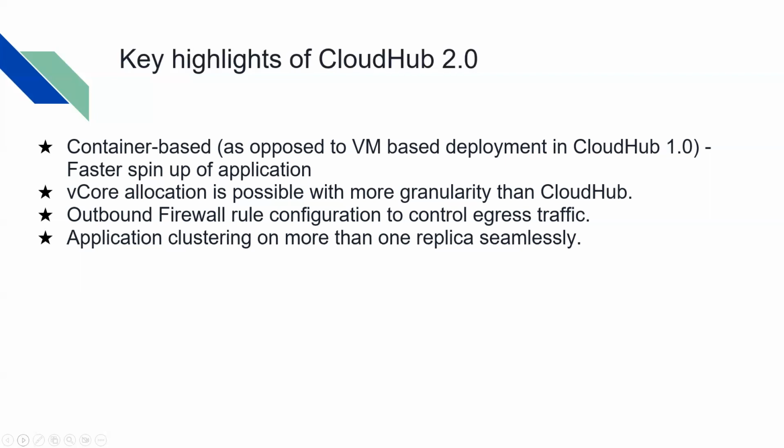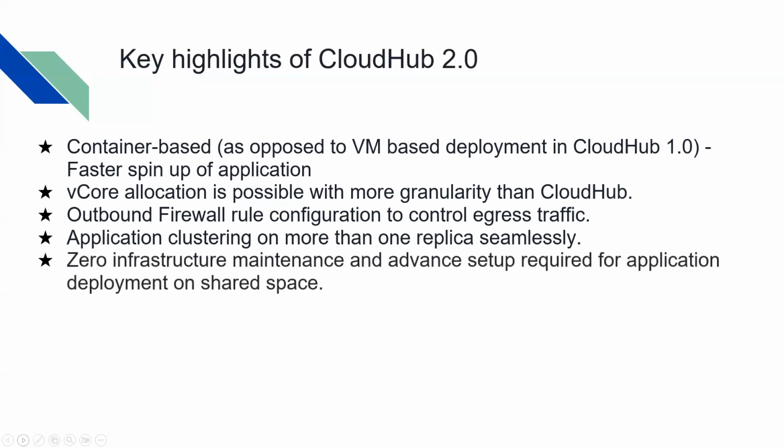So maybe in another video, I will come up with shared space and how we can deploy an application on shared space, and we can give it a closer look. But in this video, I am more focused on the key features and architecture of CloudHub 2.0.